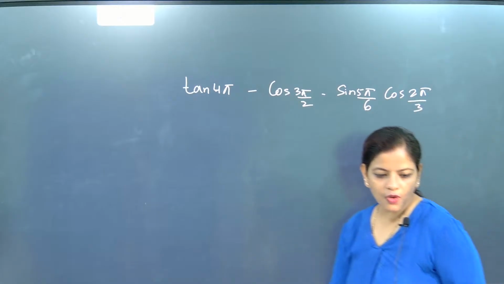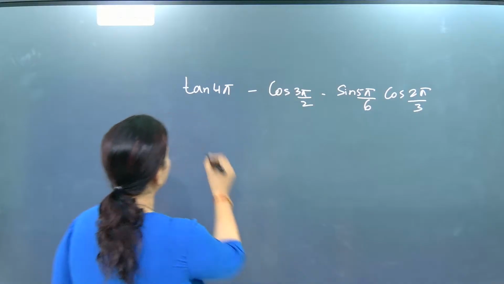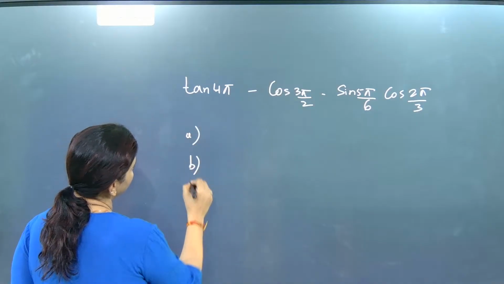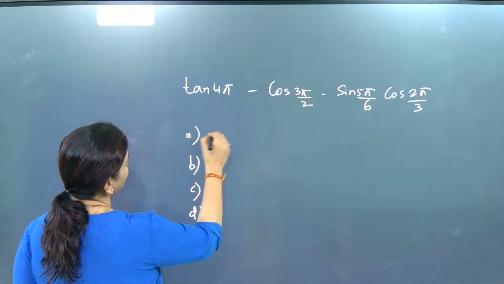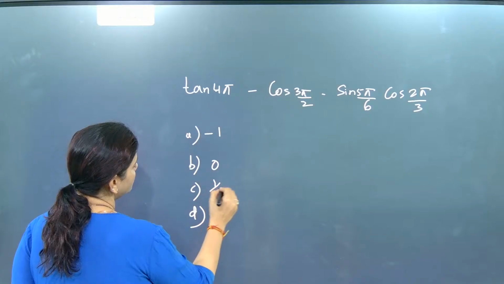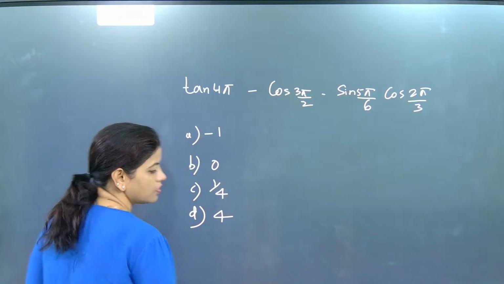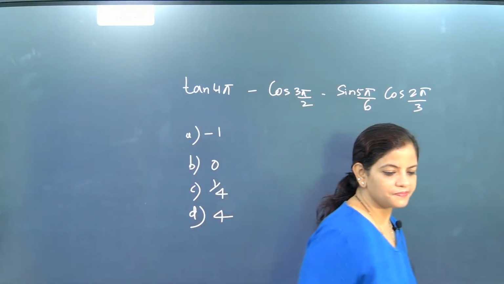What is the correct option? Solve it and say me. Your options are -1, 0, 1/4, 4. Come on, solve it.